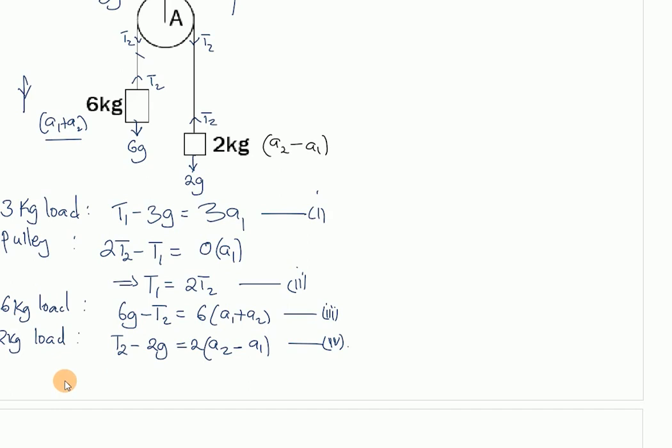Let's say that from 1 and 2, substitute where there is T1, you put this 2 T2. So we shall have that 2T2 minus 3g is equal to 3a1, implying that T2 is equal to 3 over 2 into a1 plus g.